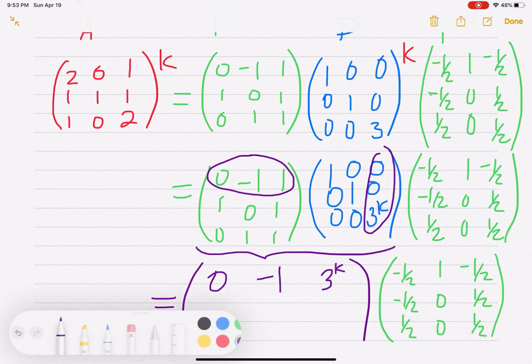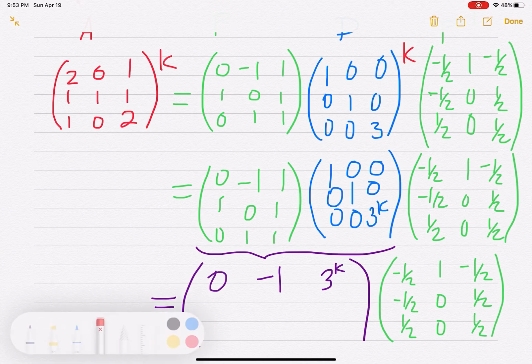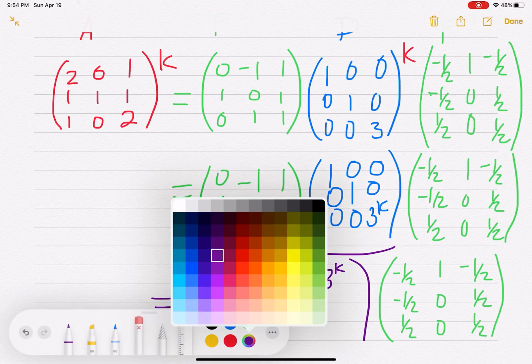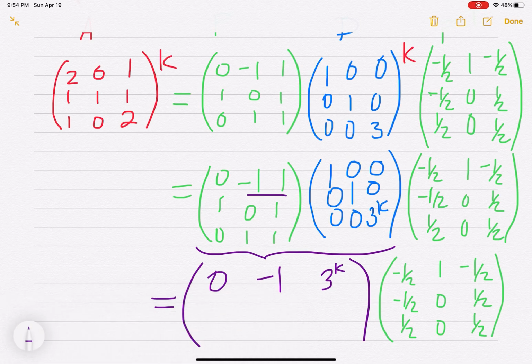All right, now let's go to the second row. Second row, first column. 1 times 1 is 1, 0 times 0 is 0, plus 1 times 0 is 0. Okay, way to go, 1.